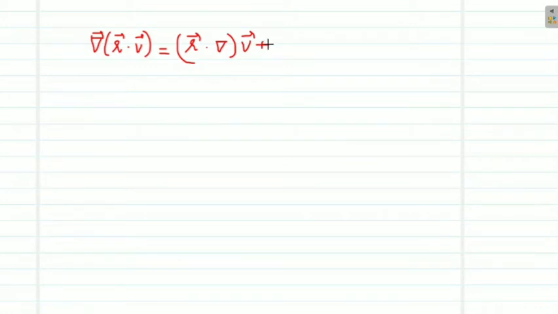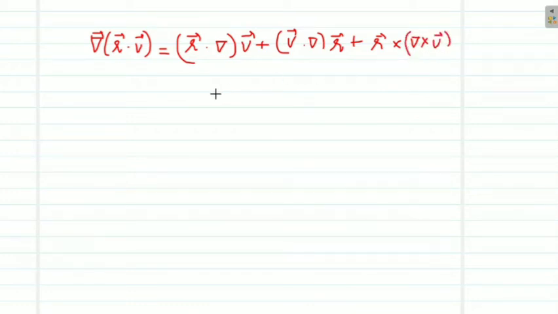del of r bar dot v bar was expanded as r bar dot del of v bar plus v bar dot del of r bar plus r bar cross del cross v bar plus v bar cross del cross r bar.